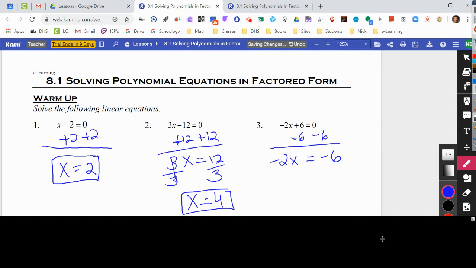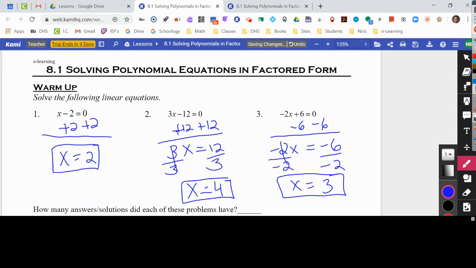So here we have negative 2x is equal to negative 6. We divide by a negative 2, and then negative 6 divided by negative 2 is a positive 4. Oops, sorry, positive 4. Nope, it is a positive 3. Look at that, it's too early for some math, just joking. All right, x is equal to positive 3.